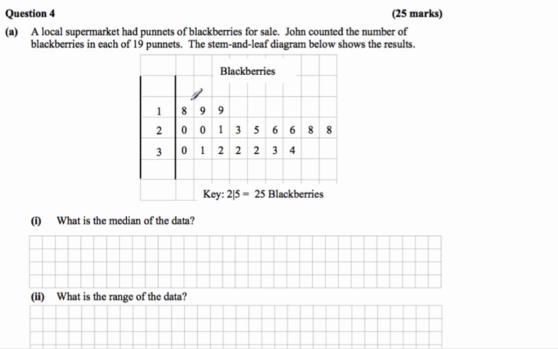So we're going to cross off the smallest, biggest, smallest, biggest until we reach a middle number. So 1/8, this is 18, cross off the smallest, and the biggest, which is 34.